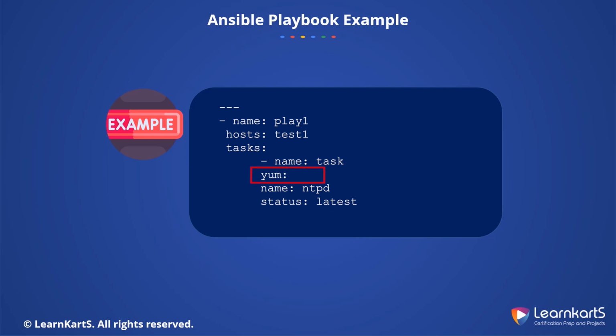So yum is the module which we are trying to execute, and we are trying to install the ntpd package over here using yum. So it depends on what activity you are trying to achieve. Corresponding to that, the playbook file can be written and we can execute it. In this case we have only one play, but if you want to have more than one play, you can do that. But this is the basic skeleton of a typical playbook file.